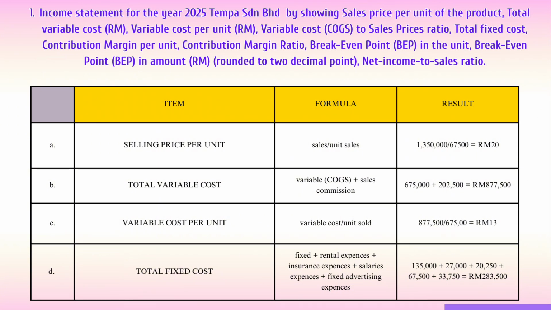cost plus rental expenses plus insurance expenses plus salary expenses plus fixed advertising expenses. For the fixed cost, which is 135,000, plus rental expenses, which is 27,000, plus insurance expenses 20,250, plus the salaries expenses 67,500, plus the fixed advertising expenses, which is 33,750.